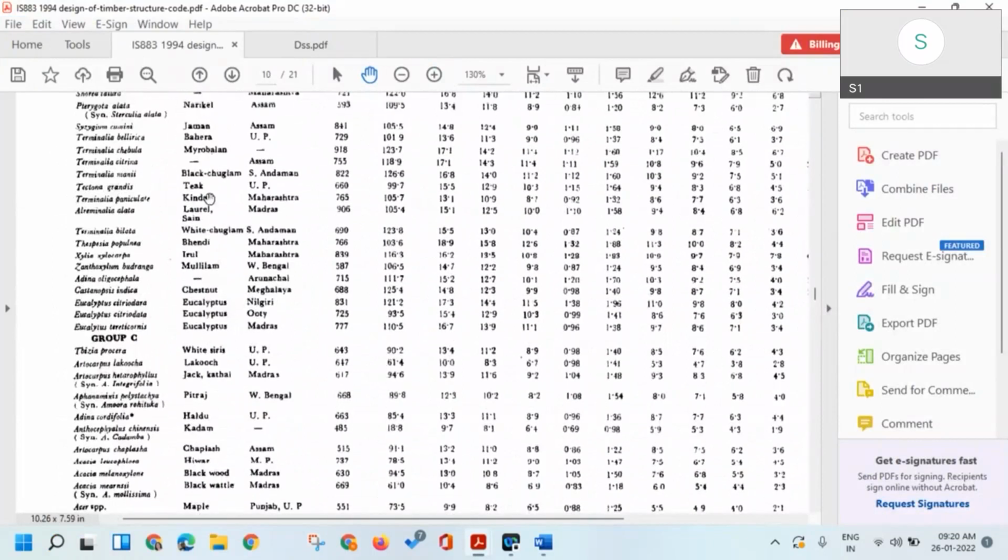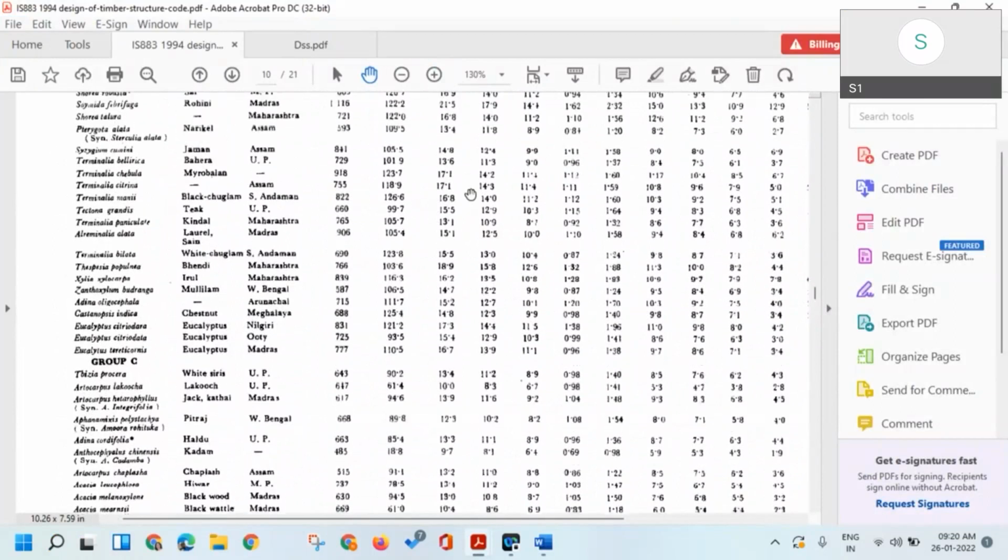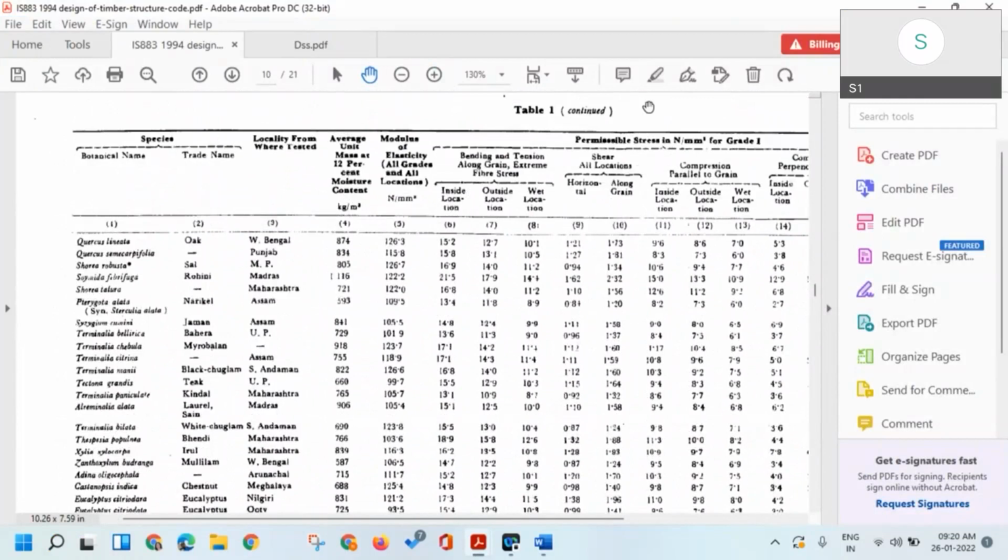Yeah, here in teak wood, you can get the E value as 9.7 into 1000 Newton per mm square, and you can get all the different permissible stress values directly from here. That is bending stress value is 15.5, shear stress value is 1, and you can see compression perpendicular to the grain value is 4.5.